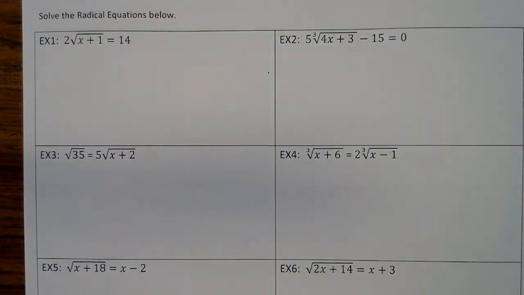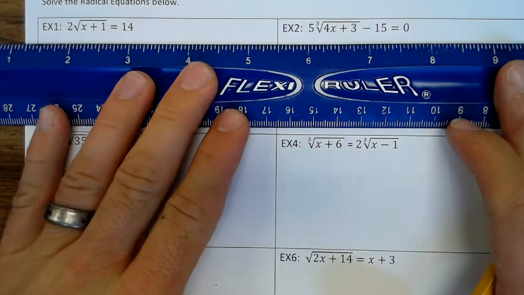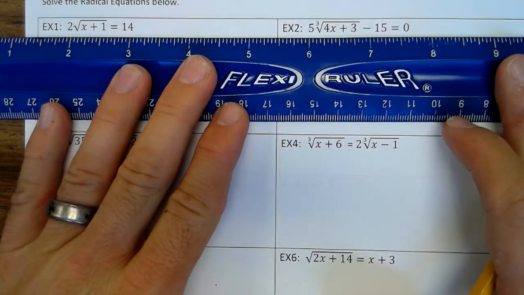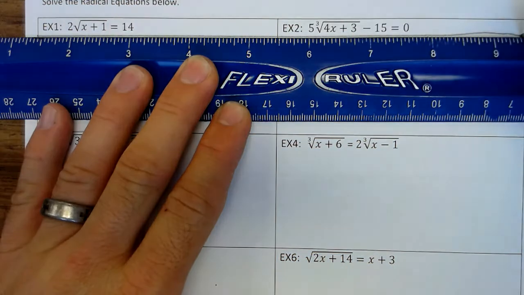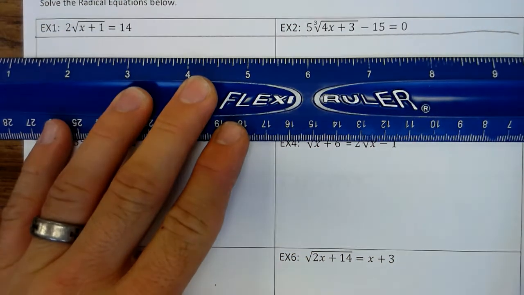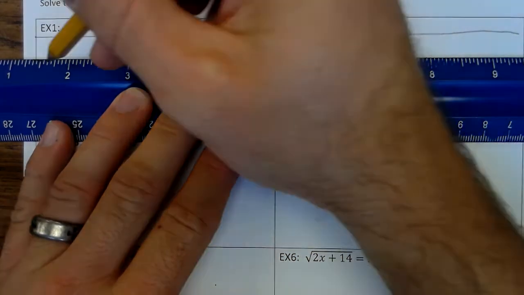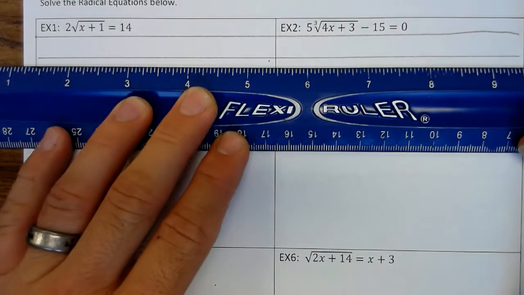But before we continue in the example, I've noticed something when y'all's work is unorganized. And one of the things about math is the organization is helpful. So what we're going to do when solving now is let's add lines to help organize our work. So you'll notice I'm using a flexi ruler. If you don't have one of those, use another ruler.